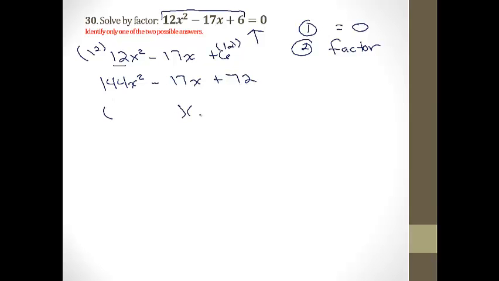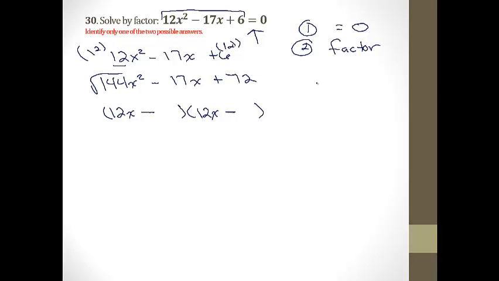I'm going to lay out my binomial parentheses. The square root of 144x squared is 12x. So that goes there, 12x times 12x. The first sign comes down. Then we multiply negative times positive makes negative, and we have same signs.